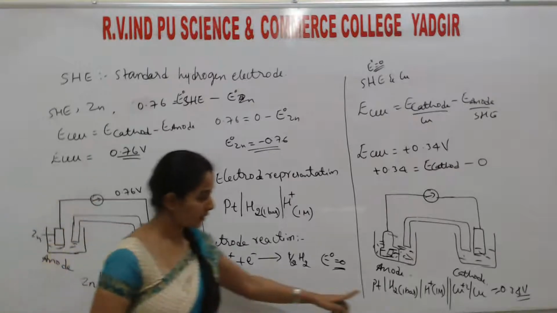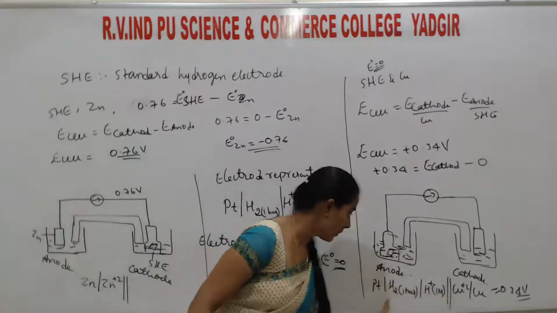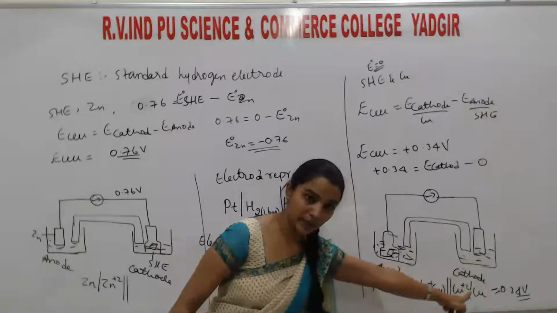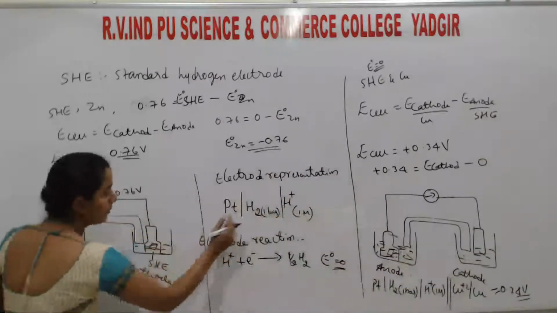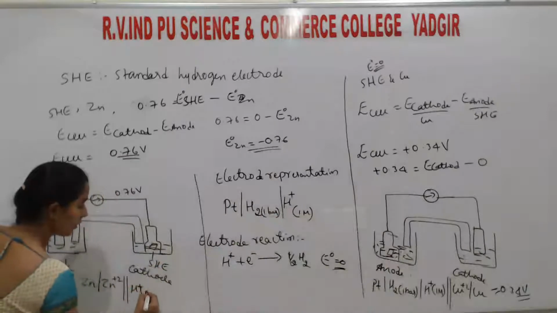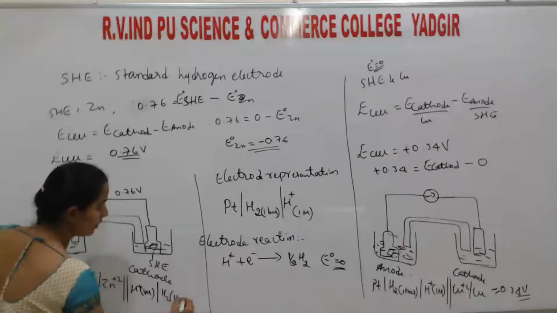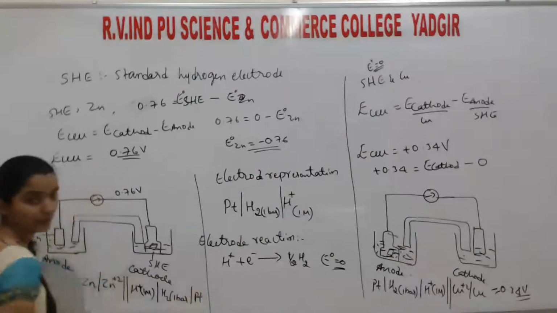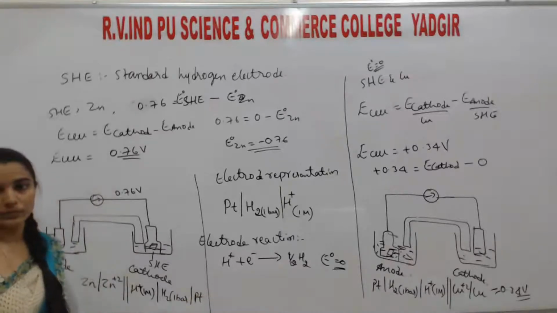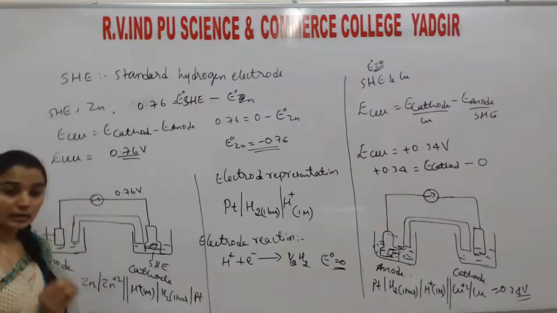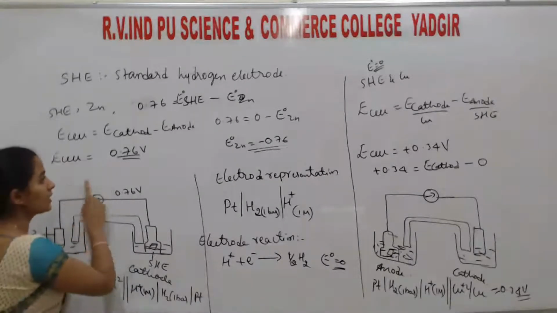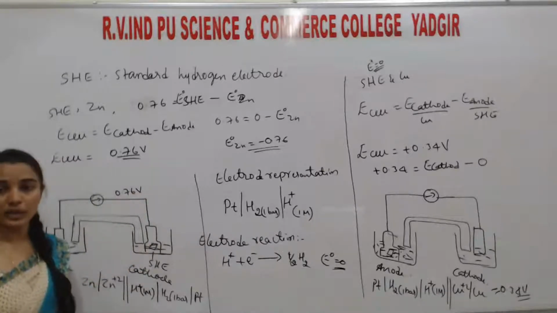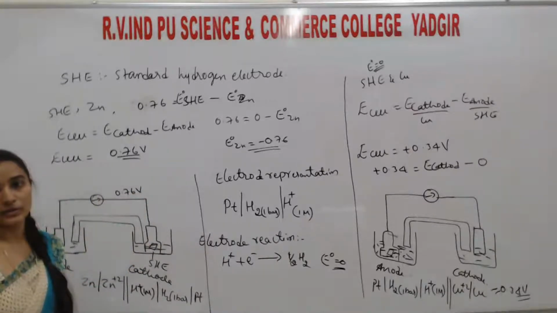How have you written it here? Cu plus 2 for Cu. Metal, metal ion, metal ion, metal. So here metal, metal ion. Next ion, metal. So H plus 1 molar, platinum, which must be written reversely. Understand? So this is how to write or calculate the EMF of the respective electrodes by taking SHE, standard hydrogen electrode, as a reference.